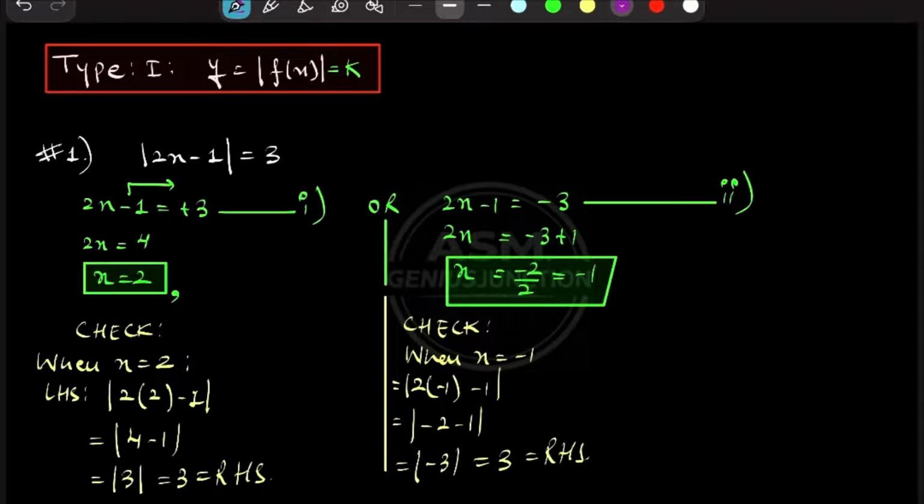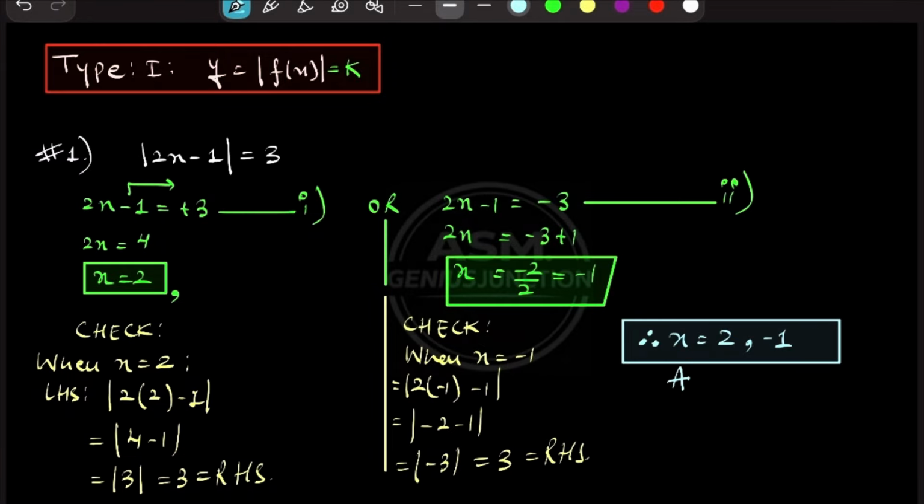So finally we can say that therefore x equals 2, minus 1 are the solutions for the given question.